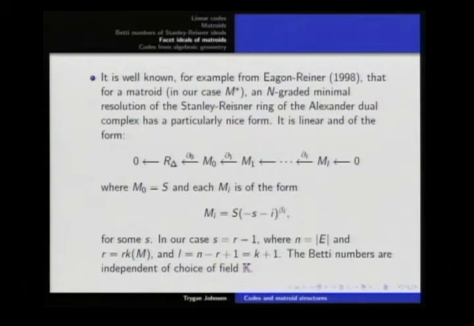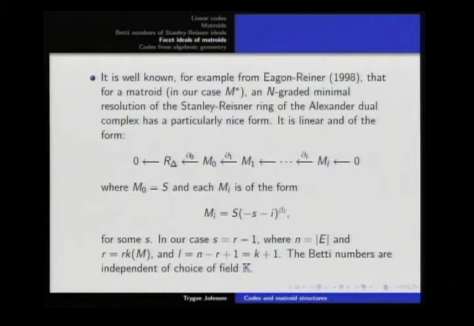And of course, here you have the first twist, the generators of the maximal independent sets, and they have cardinality r, which is the rank of the matroid. So the first which appears here is r. So s is then r minus 1, since we have i is 1 there.